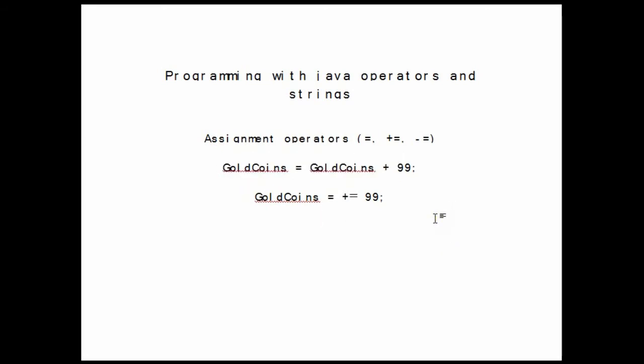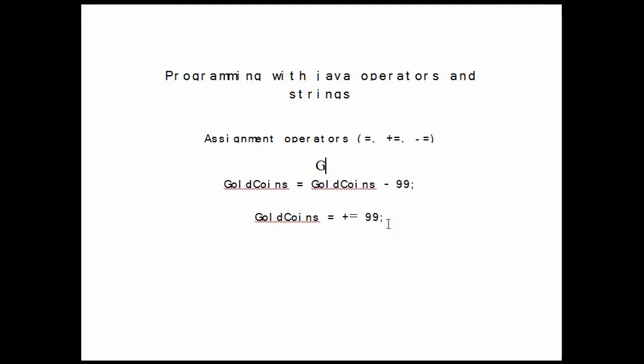And also the other compound would be the minus. Let's just say the -1. We're saying that gold coins was, let me just give gold coins a value. Coins, let's just say int equals 100.